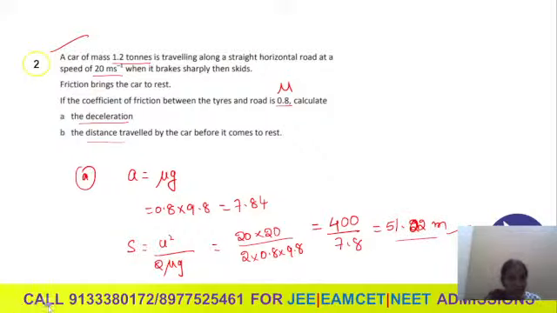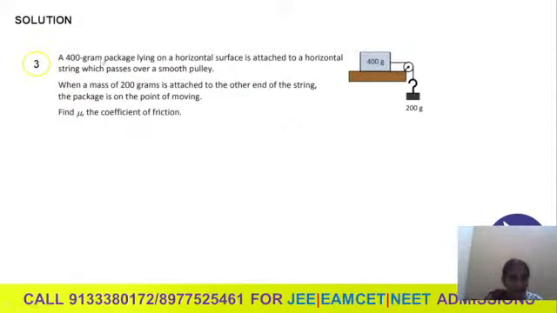So next question. We are given a 400 gram package lying on a horizontal surface, attached to a horizontal string which passes over a smooth pulley. When a mass of 200 grams is attached to the other end of the string, the package is on the point of moving. Find mu, the coefficient of friction. So just draw the free body diagram of this.